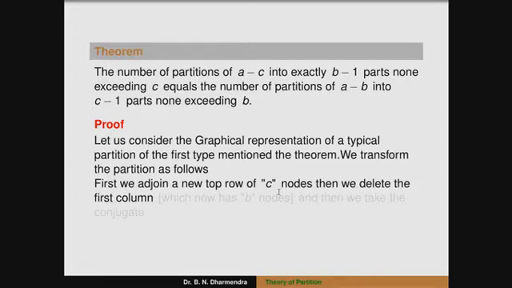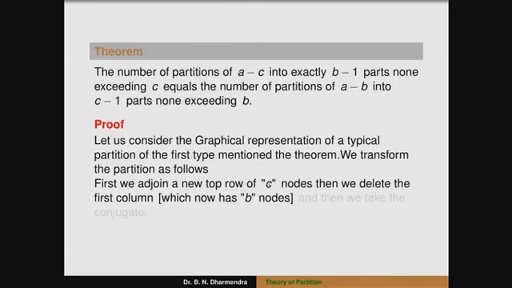When I add the top row of C nodes, we have to delete the first column. The first column must be in terms of the number of rows, which must be B nodes, and the top row is also in terms of C, because we have added it.